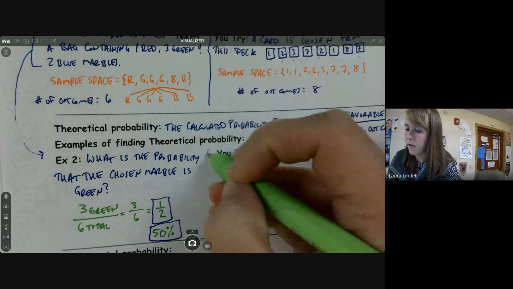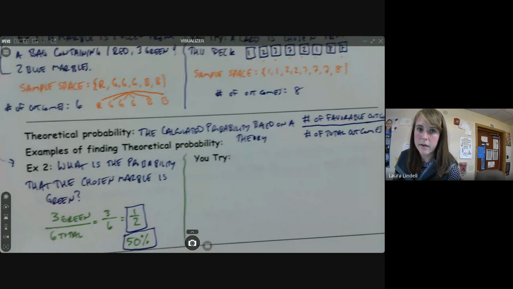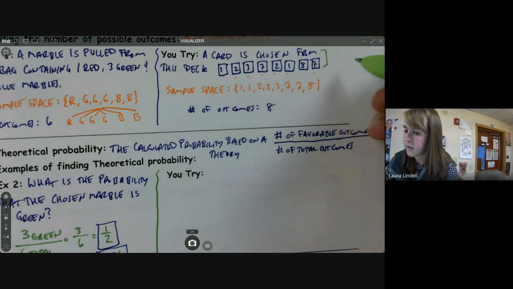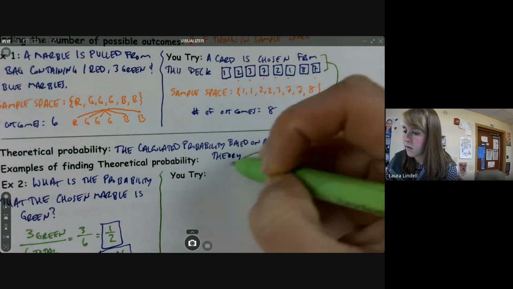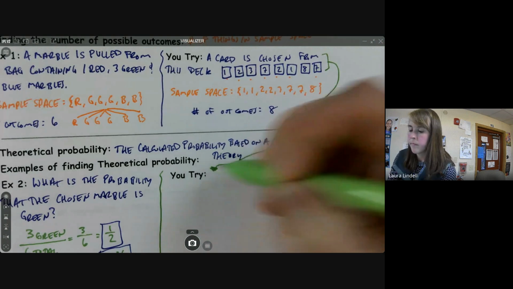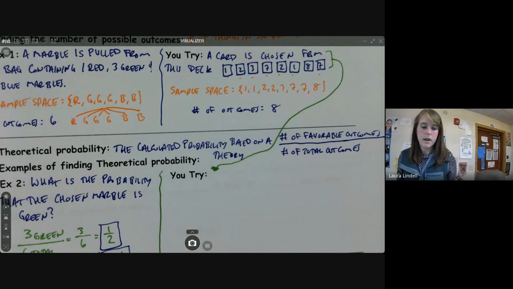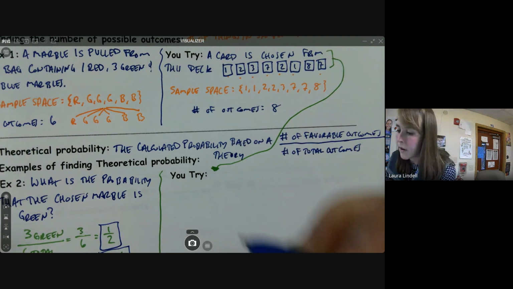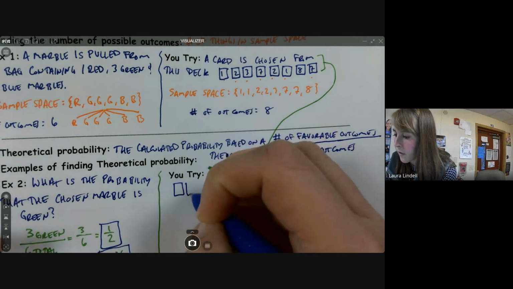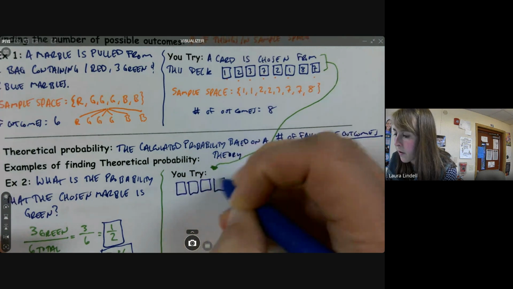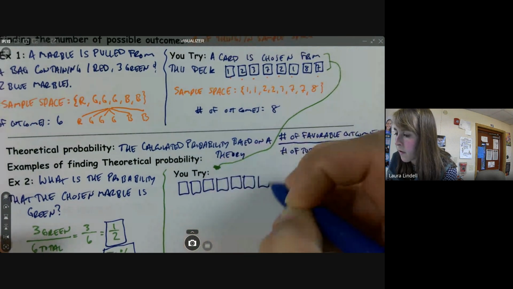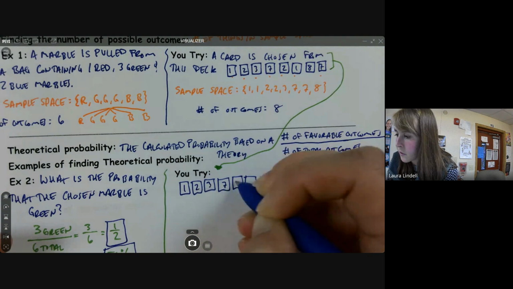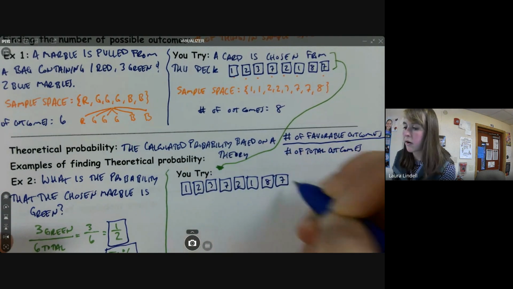This time, we're going to go back to that card scenario. So we're going to choose a card from this deck. And actually, let's redraw our card deck really quick down here. We had 8 cards. One, two, three, 7, 2, 1, 8, and 7 were our cards.